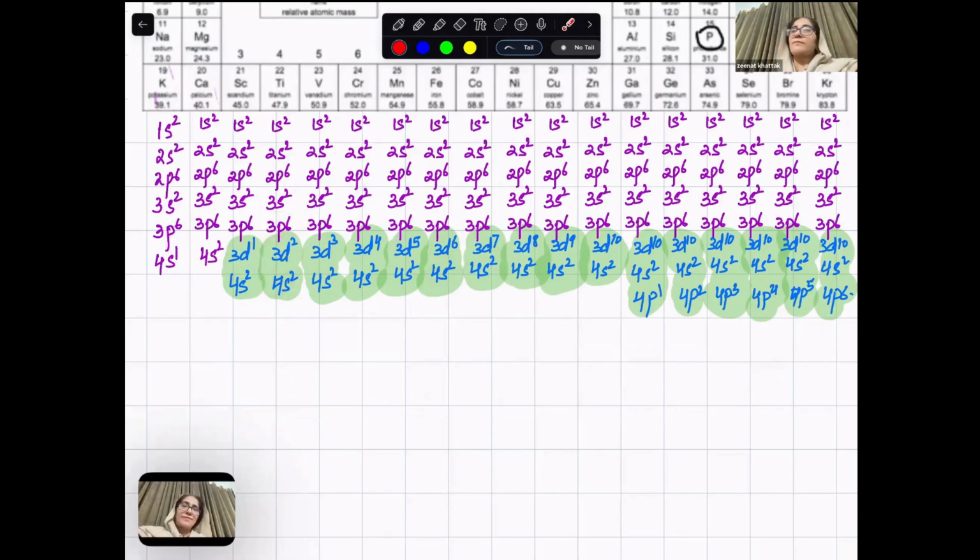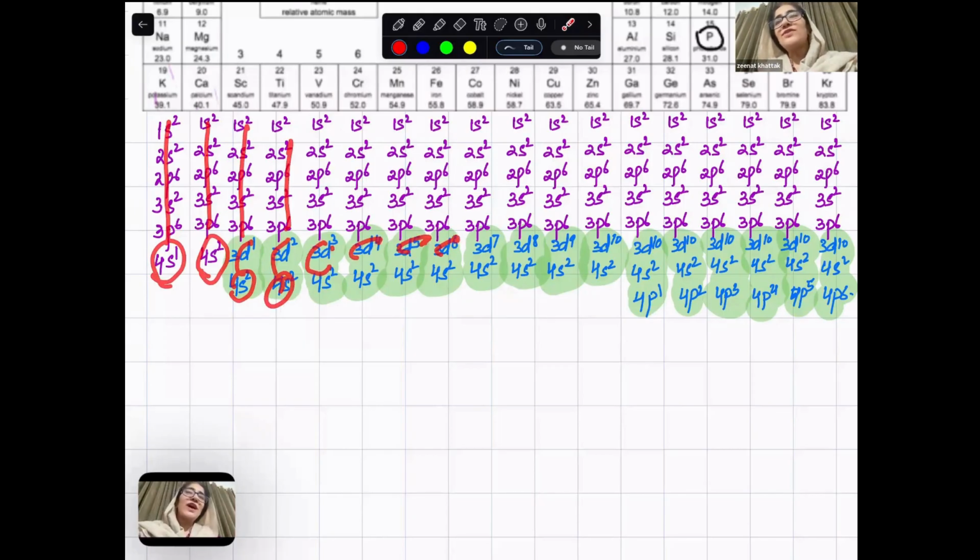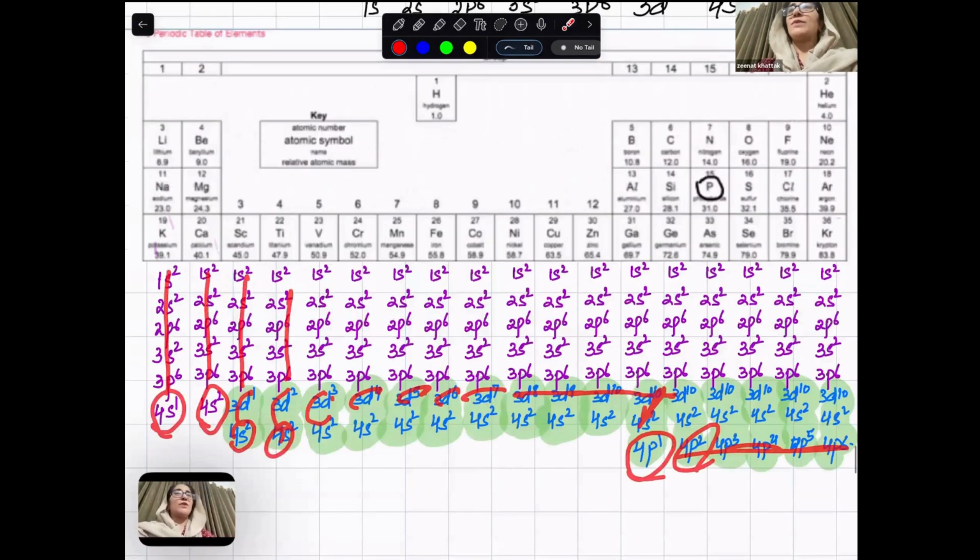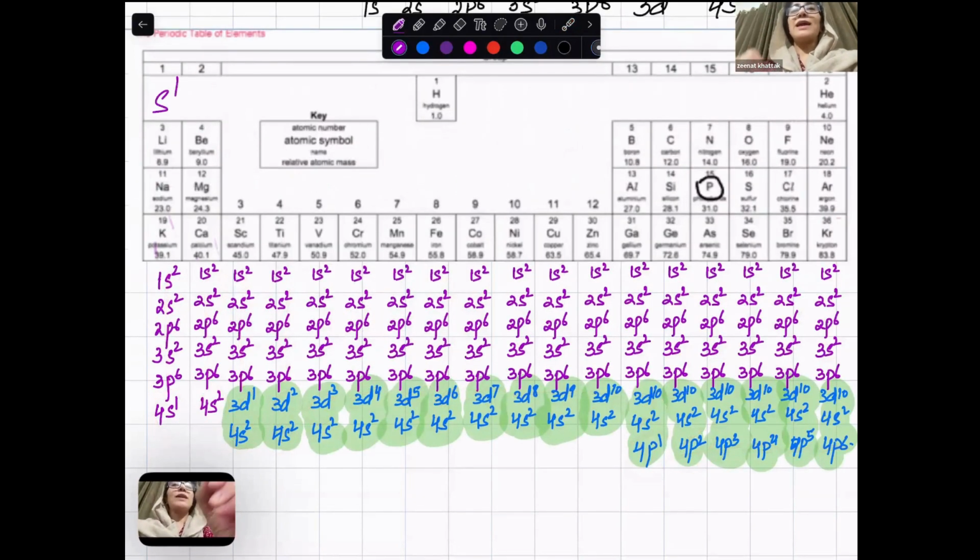Right. So how did we do it? 3p6, 4s1. 3p6, 4s2. 3p6, 4s2, 3d1. 3p6, 4s2, 3d2, 3d3, 3d4, 3d5, 3d6, 3d7, 8, 9, 10. And when they're all filled, then 4p1, 4p2. Like, look, these are called s1 elements.